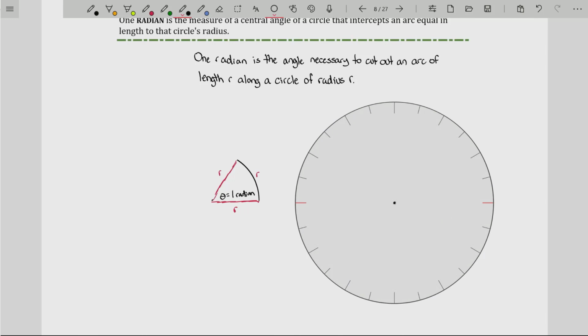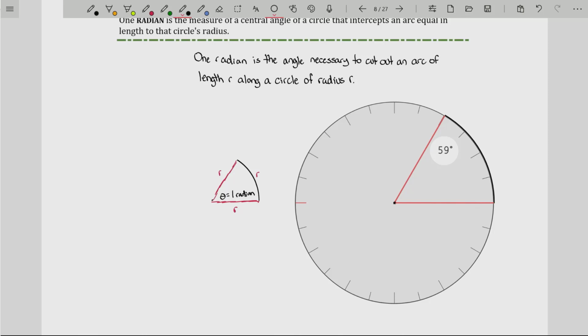I'm going to start cutting out an arc, and I'm hopefully going to get an arc that's about the same length as those red lines. Wouldn't you say that's about it right there, maybe? Any larger and it would probably be too large. I'm also cheating because I kind of know the value of a radian, but you would hopefully agree that those red lines are roughly the same length as a black line.